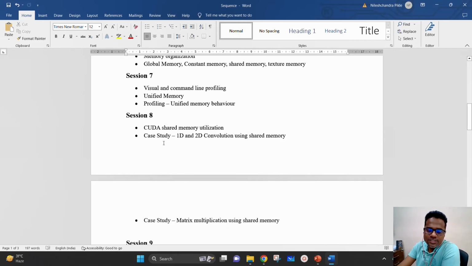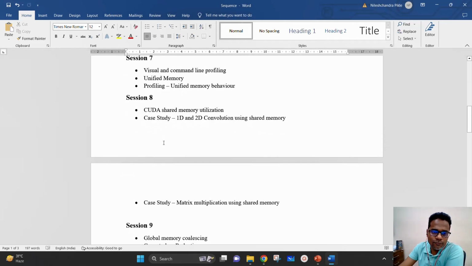We'll see how shared memory is organized and how it can be accessed, and to demonstrate that we will take a very important case study, that is the convolution operation. Convolution is used in various fields of science and engineering. In deep learning, convolution is very prominent; in image processing, it is used to perform different types of image enhancement techniques.